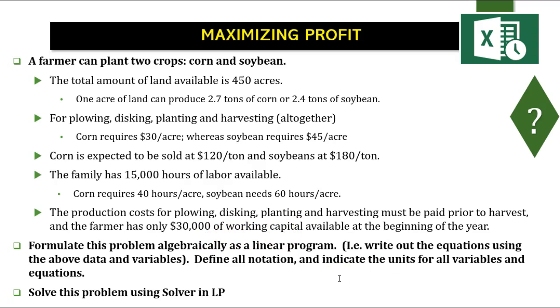Our task is to formulate this problem as a linear programming problem. We need to define the notation and indicate the units of all variables and equations. Then we will use Solver to solve this linear programming problem.